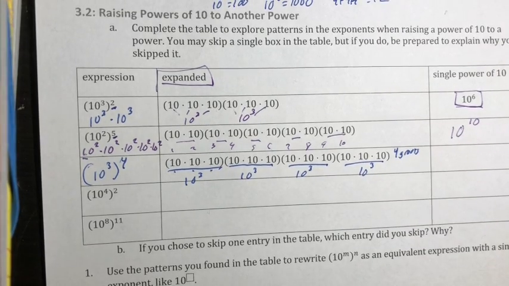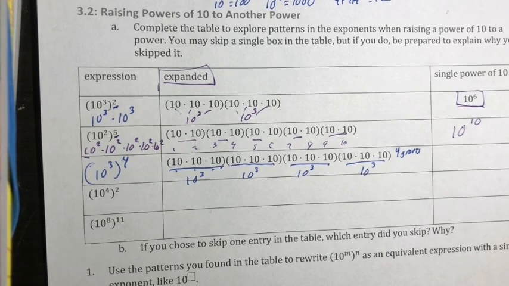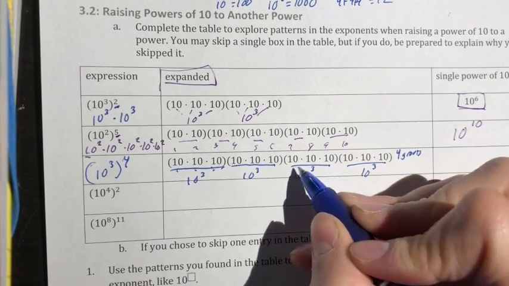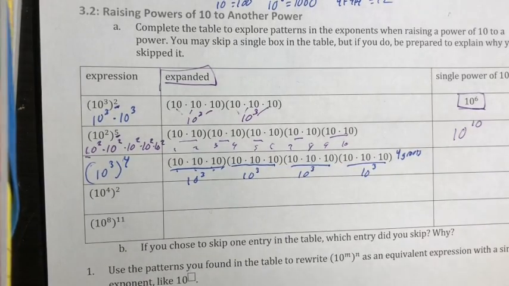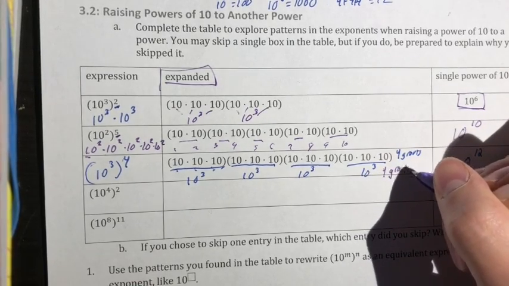If I buy 4 packs of, I don't know, gum, and each pack of gum has like 3 sticks in it, you get 4 packs with 3 sticks each, you get 12 total sticks of gum. And that's the same thing here. I have 1, 2, 3, 4, 5, 6, 7, 8, 9, 10, 11, 12 tens, because I have 4 groups of 3. So I'd really end up with 10 to the 12th power. 4 groups of 3.